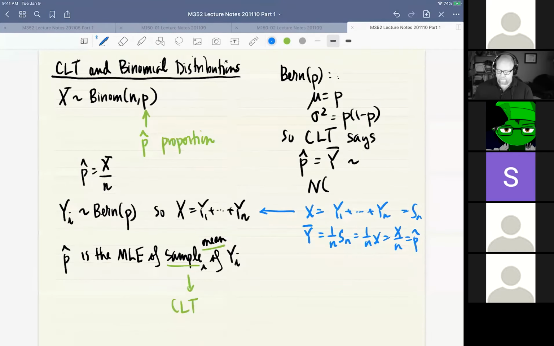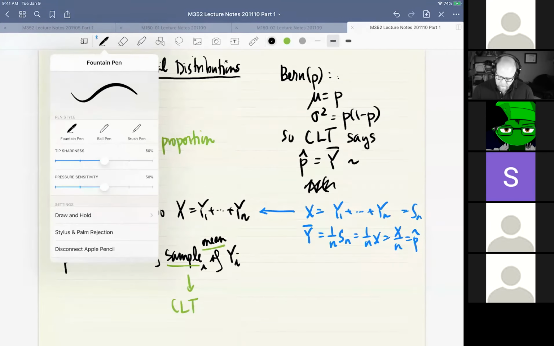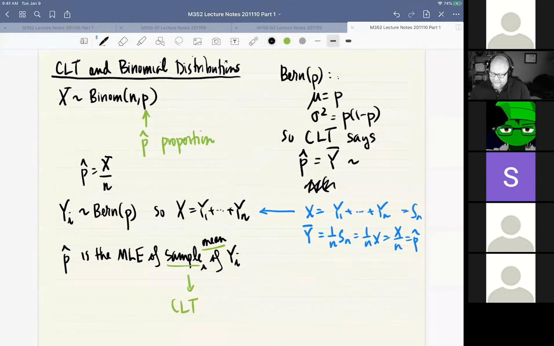That's p hat. That's what we're talking about. So what does the central limit theorem tell us about the distribution for p hat, which is Y bar?